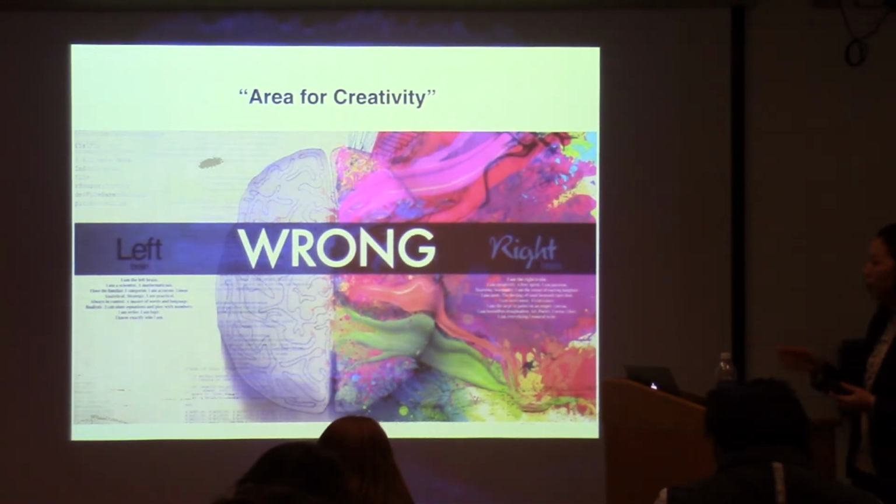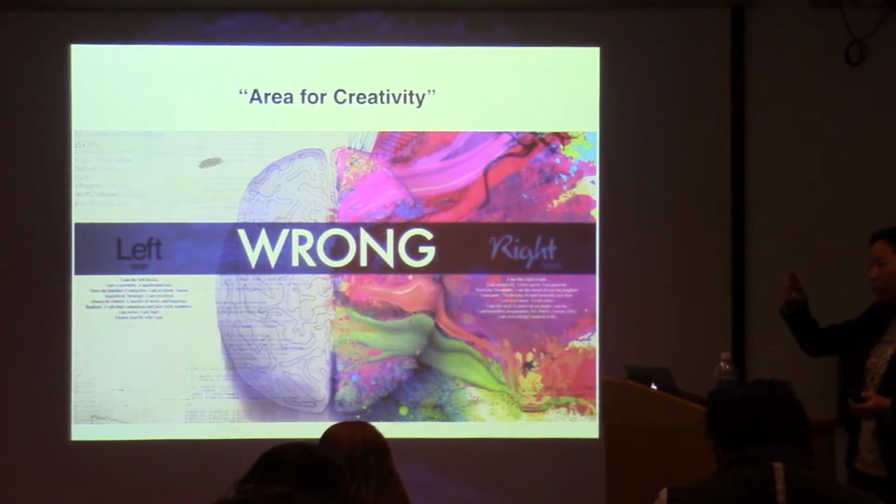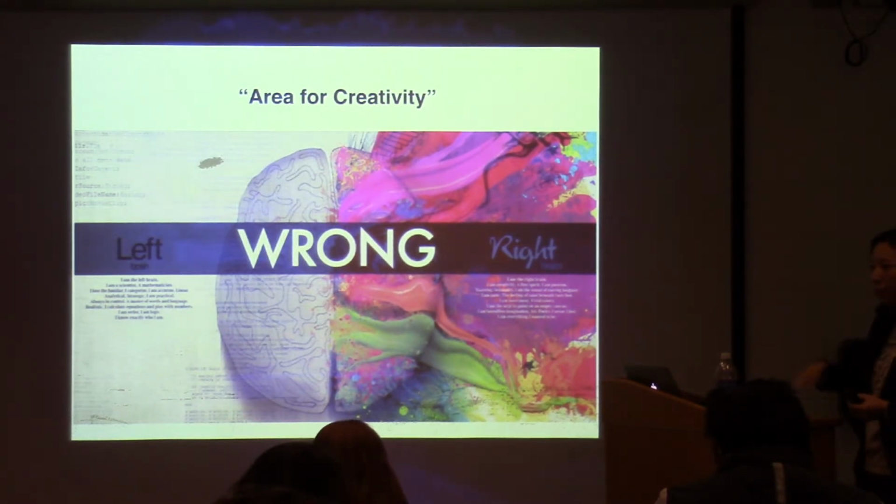In those patients who have the cut corpus callosum, they saw that the left visual field, which is processed by their right brain, does a better job of solving creative problems, while when presented a mathematical problem, the right visual field would do a better job solving it than vice versa.